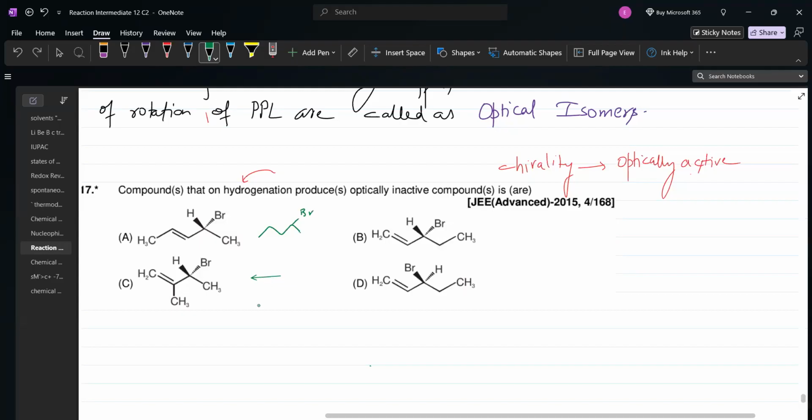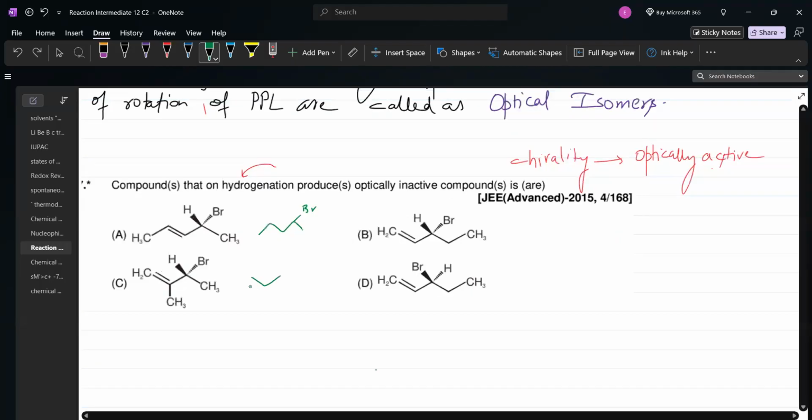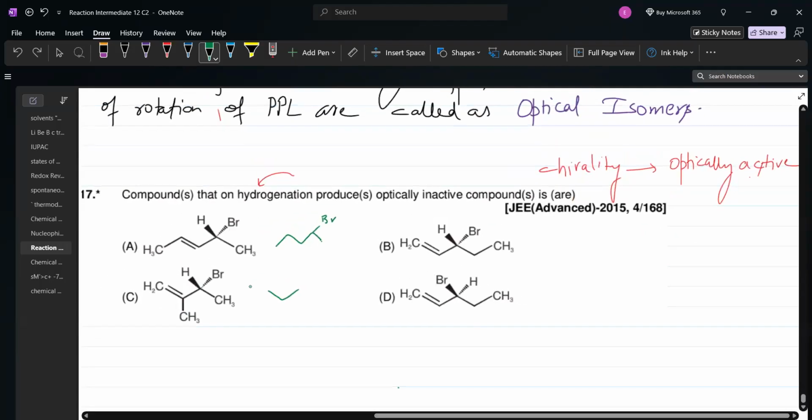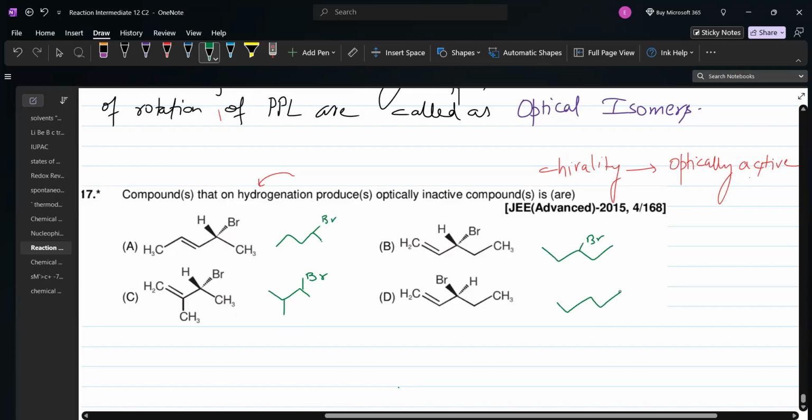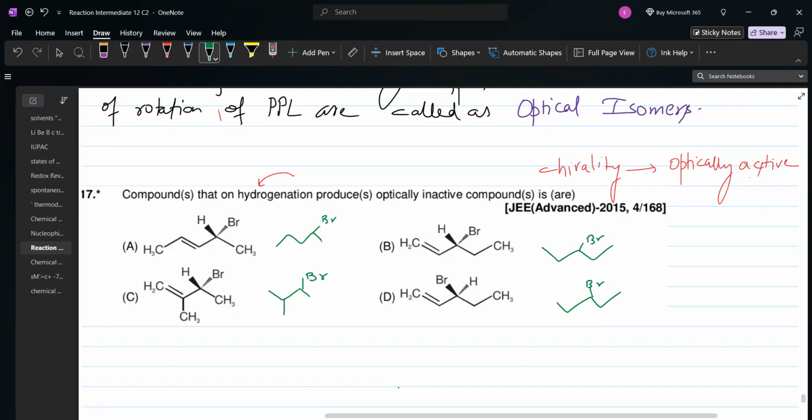Please solve this question. So see, in the first one, we have a chiral carbon here, right?